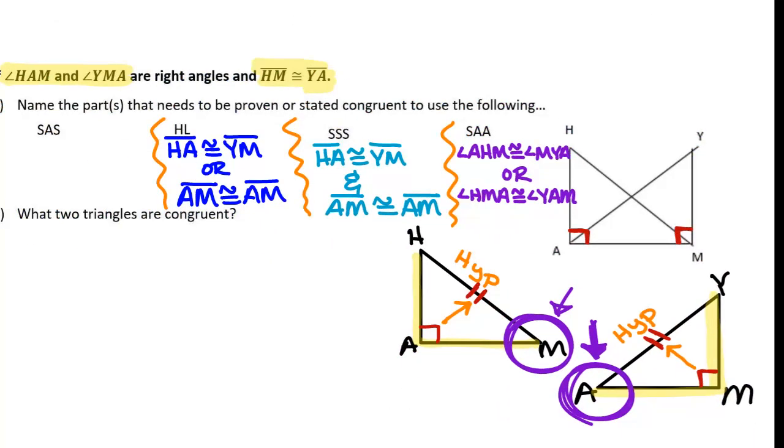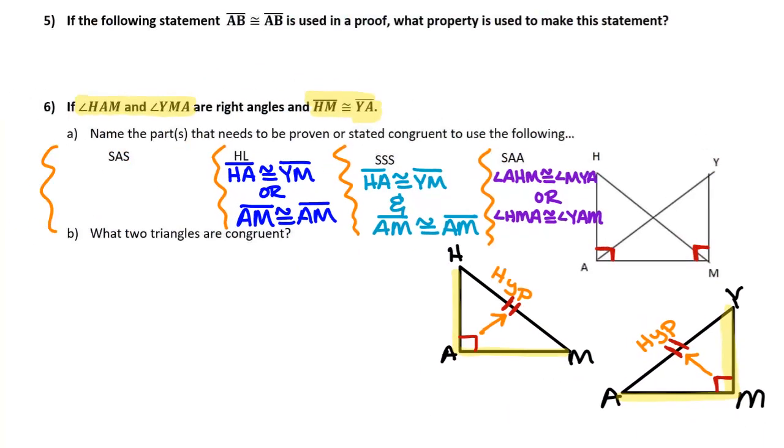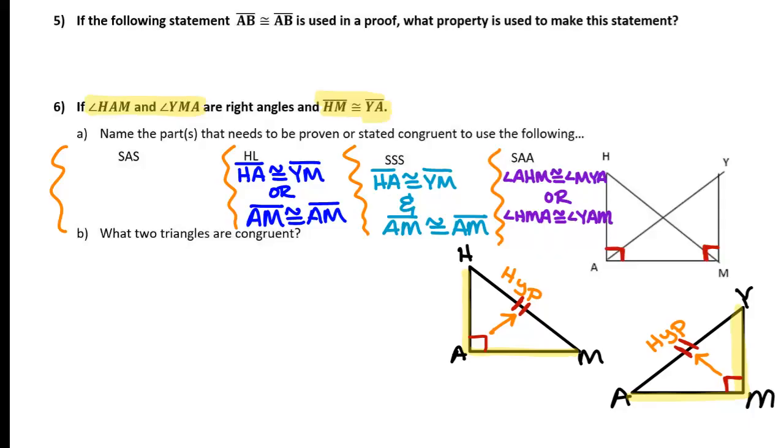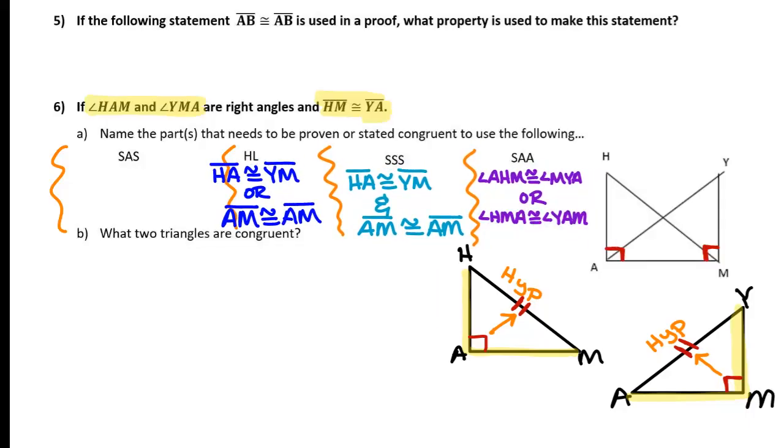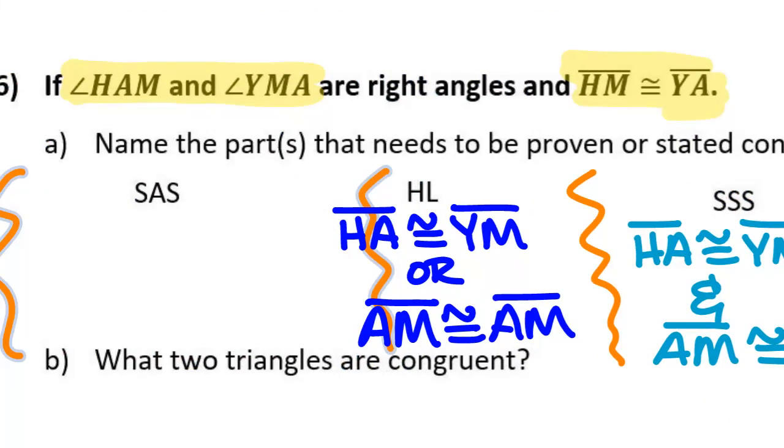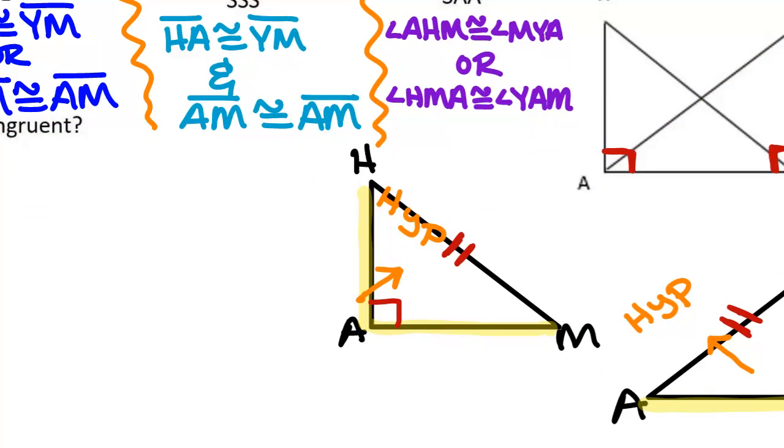All right. Let's go back to the first one that we skipped. To do side angle side, I would need, here's my hypotenuse.